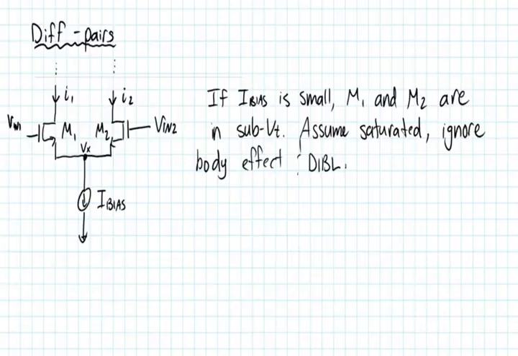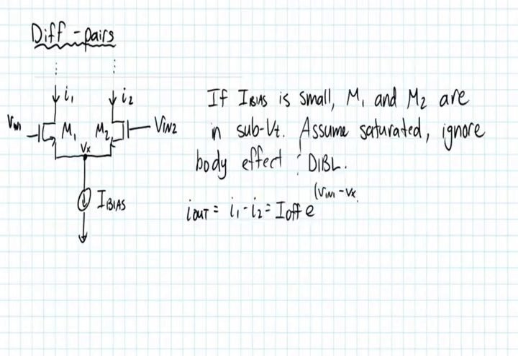Okay, so if we do that, then what we say is that I out, and this is the large signal approximation, is going to be equal to I1 minus I2. We're just taking a look at the differential version of I out. That's going to be equal to I off, and we're assuming that M1 and M2 are sized roughly the same, so that I off is the same between them, times e to the Vin1 minus Vx.